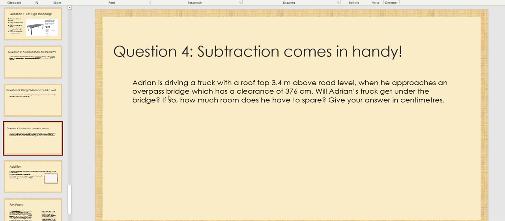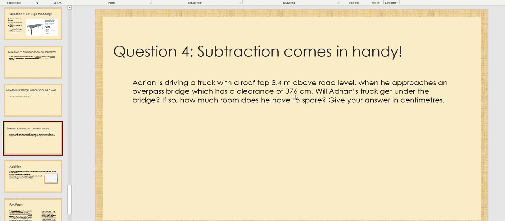When he approaches an overpass bridge which has a clearance of 376 centimeters. Alright, so straight away, first visualize what's happening. Adrian's driving a truck. Okay, that's how high the truck is while it's on the road. He's approaching a bridge, and for him to fit under the bridge, he can't be higher than 376 centimeters.